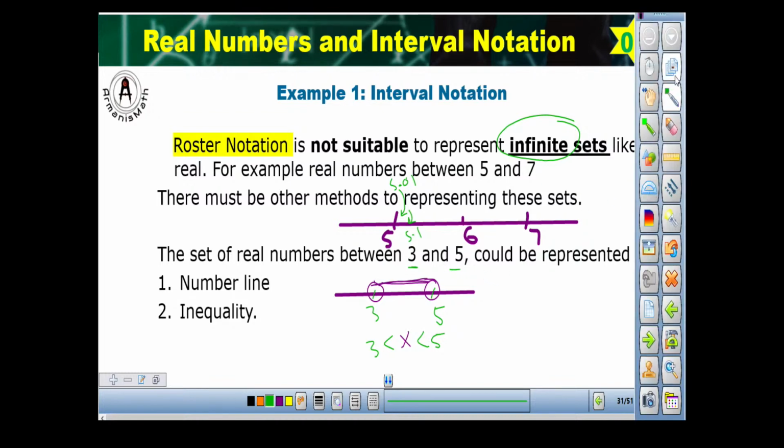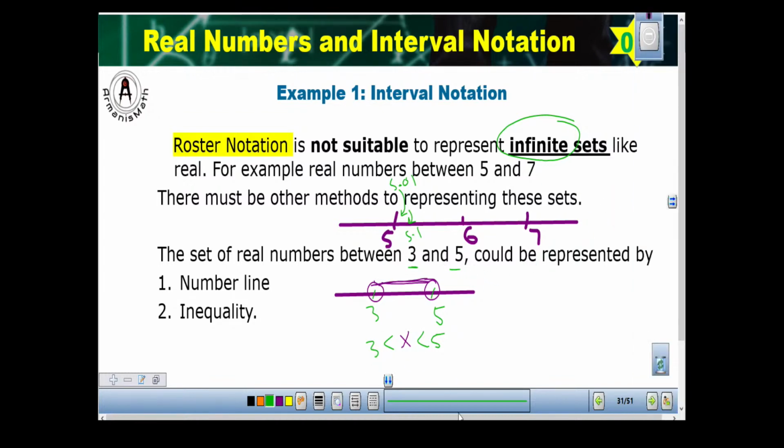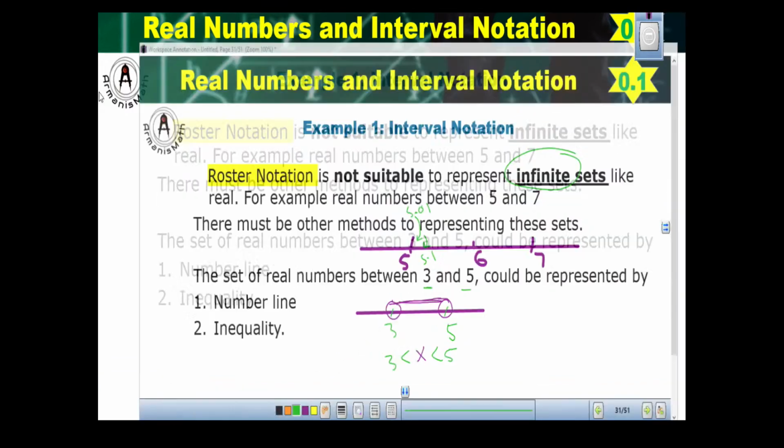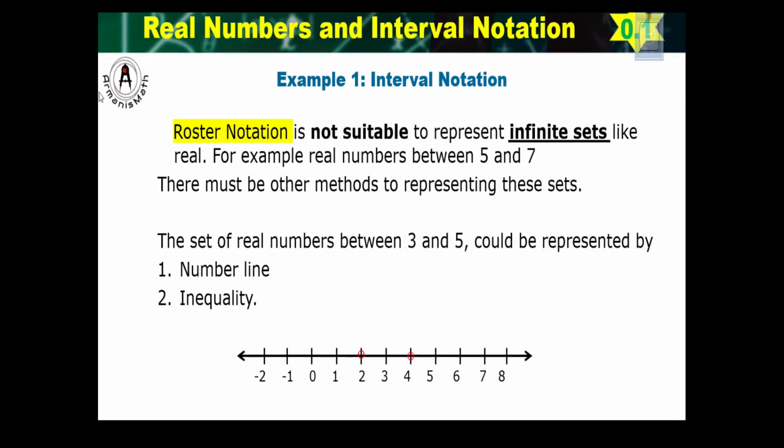You didn't tell me it's including 3 and 5. So that's another way to represent the information between two numbers. Not roster. Or between 2 and 4, just like that. Inequality and also number line.